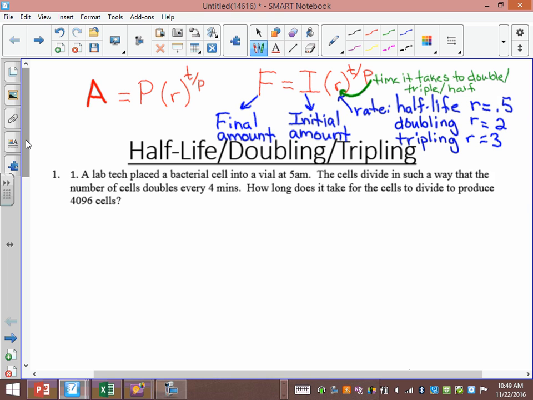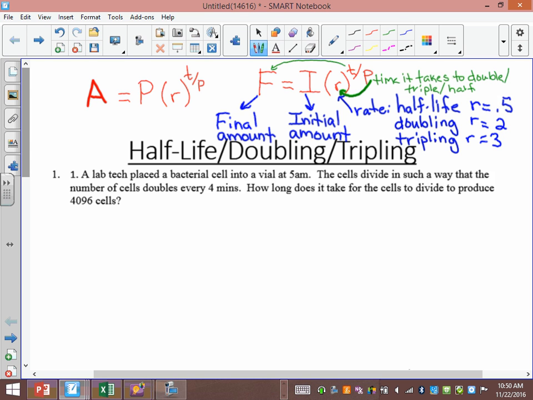The top T, the top one is time as well. It's the time it takes to get to that final amount. It's the total time. It's the time it takes to reach the final amount. So if it says, in 10 years, I have 1,000 bacteria, I put 10 there. Okay? If it says, how long does it take me to reach 10,000 bacteria, then that's the one I would be looking for.